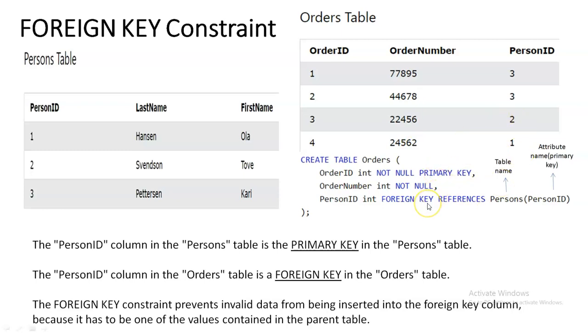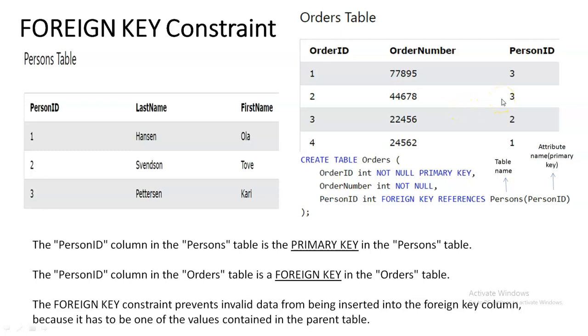The next one is, when I'm trying to delete a row in the person table, I cannot delete it directly. Suppose I'm deleting the row with person ID 3. I will get an error because that person ID value also exists in the orders table as a foreign key.